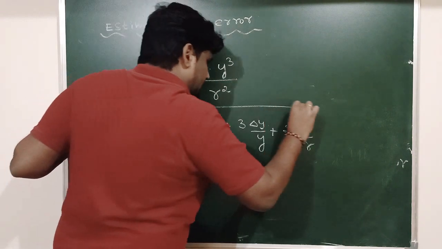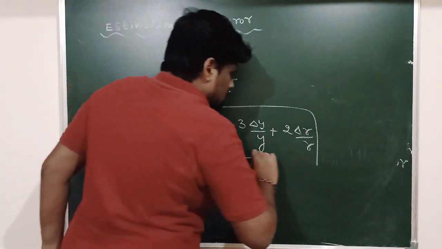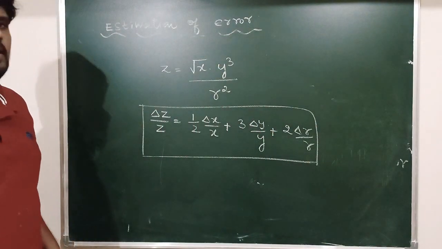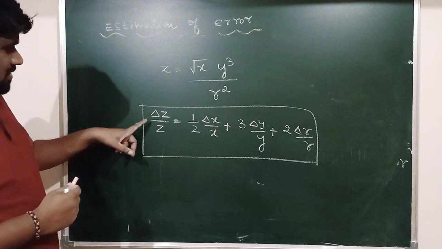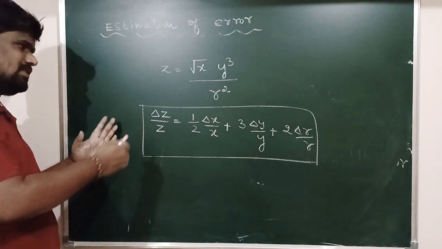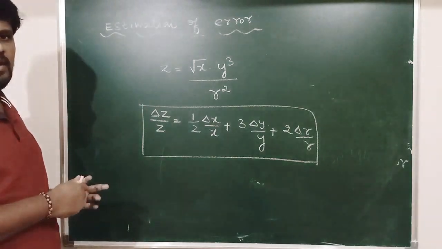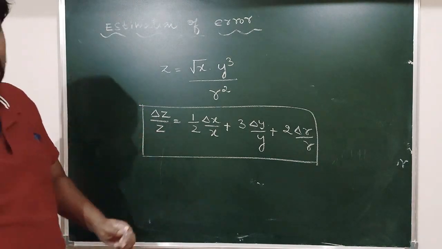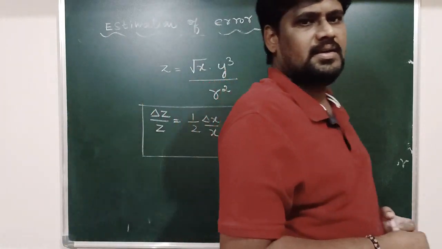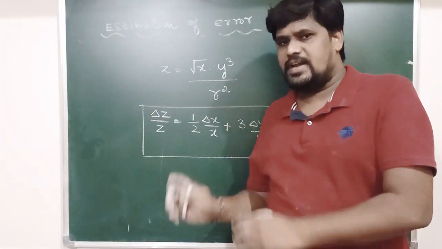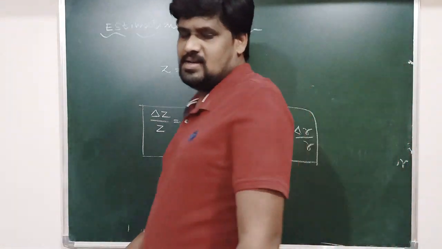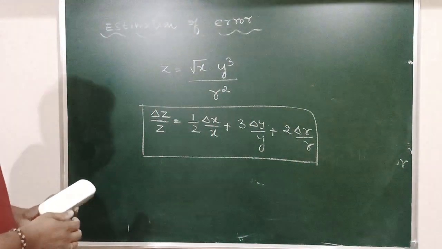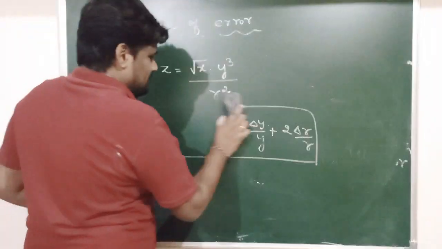So this is the maximum possible error in the measurement of z. As I said, this is called the relative error. If you multiply this by 100%, then you will definitely get the percentage of error in the measurement of z. So let me take one simple example based on the same.